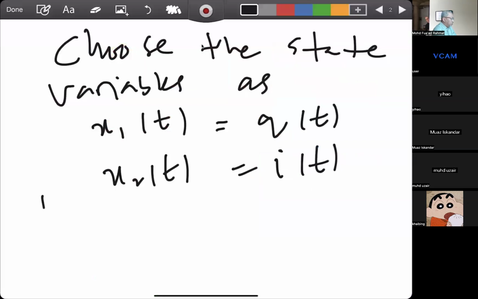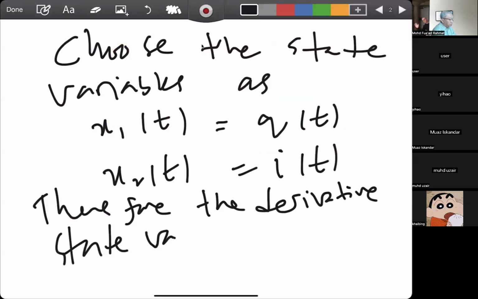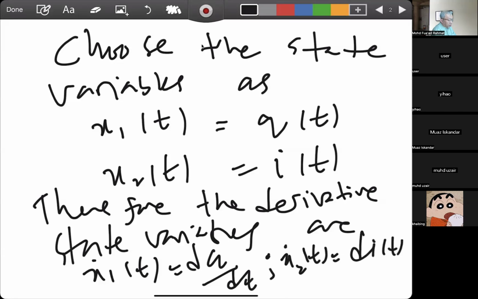Okay, so therefore the derivative state variables are x1 dot of t is dq over dt, x2 dot of t is di of t over dt. Okay.